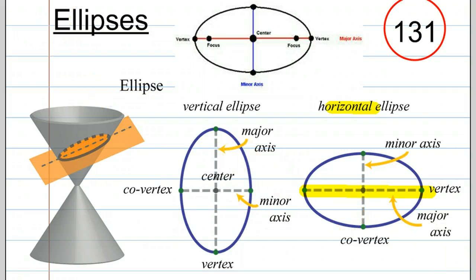Then we have a vertical ellipse, called vertical because the major axis is a vertical line segment. How do we know which one is the major axis? The major axis is always the longer axis, the longer line segment. In one case the longer line segment is vertical, and in the other it is horizontal.